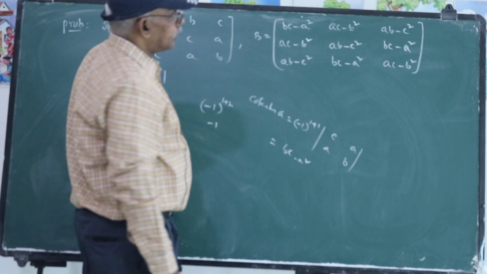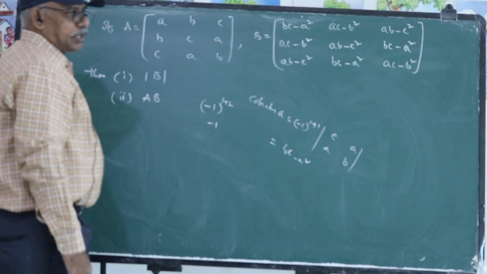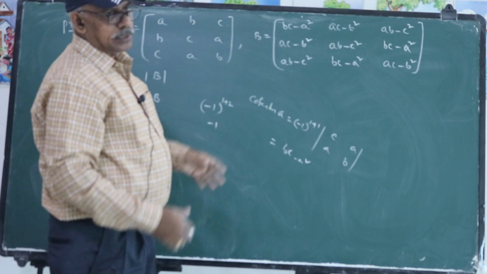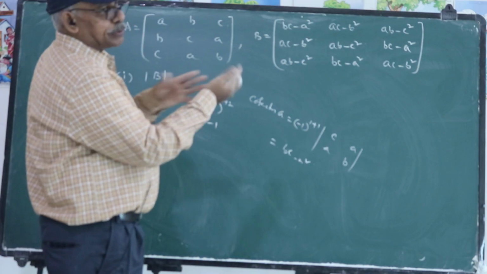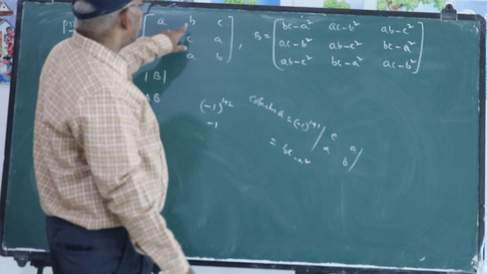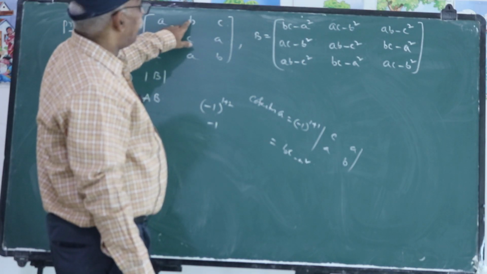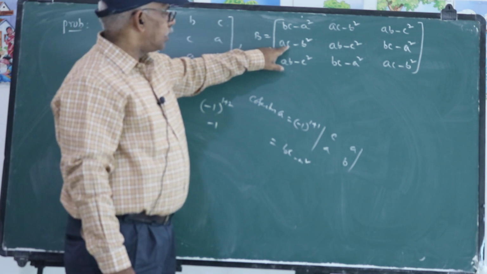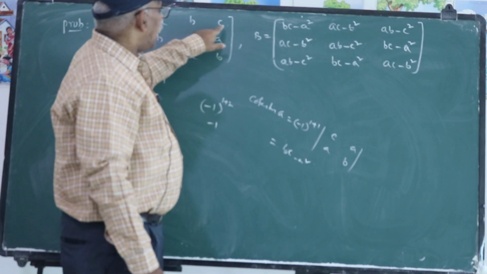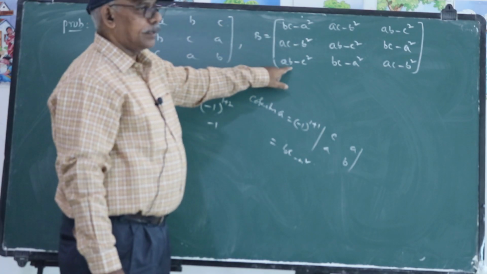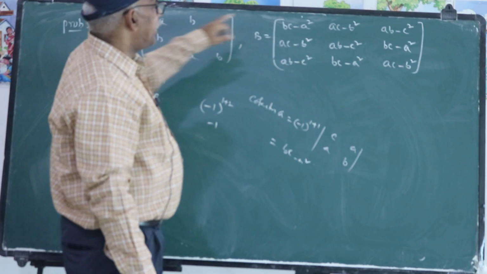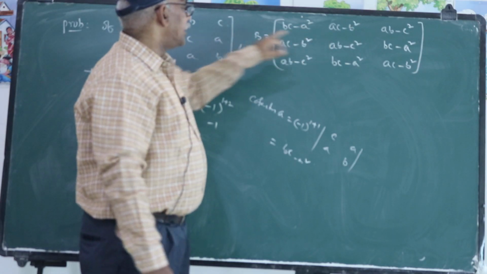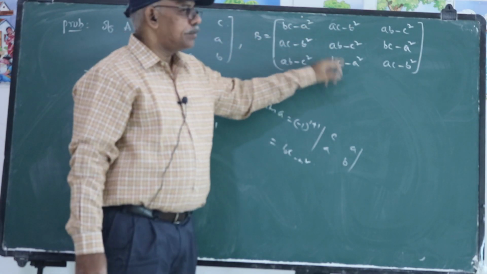By this observation, clearly B is the transpose of the cofactor matrix, because the cofactor of B was obtained here, the cofactor of C here, and the cofactor of A here, like that.